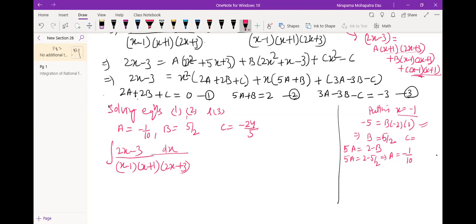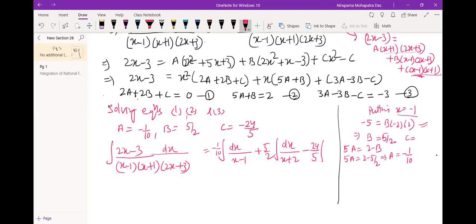This is equal to, we have taken A by x minus 1, so A means minus 1 by 10, keep it outside, integral dx by x minus 1, plus B by x plus 1, B is 5 by 2, so dx by x plus 1, then plus C by 2x plus 3, C equal to minus 24 by 5.